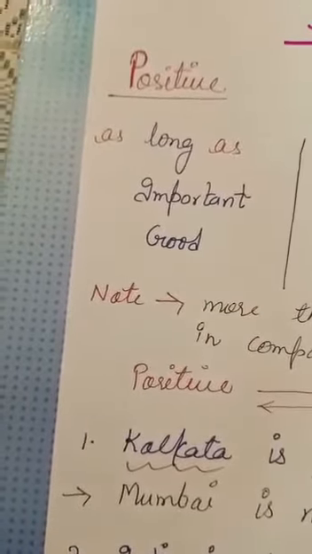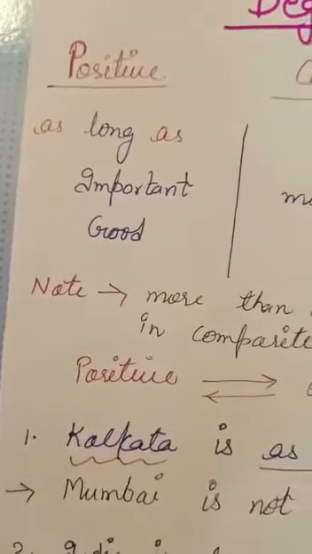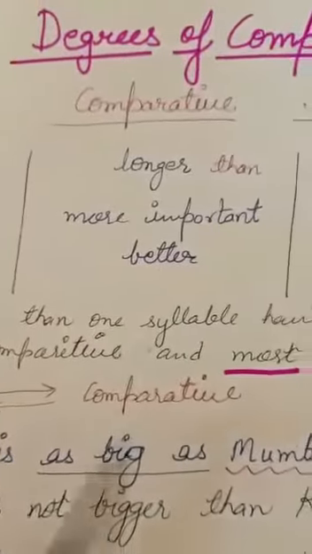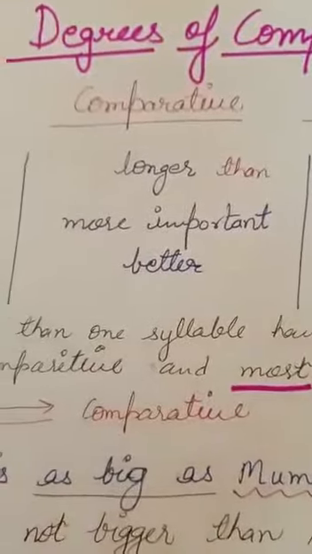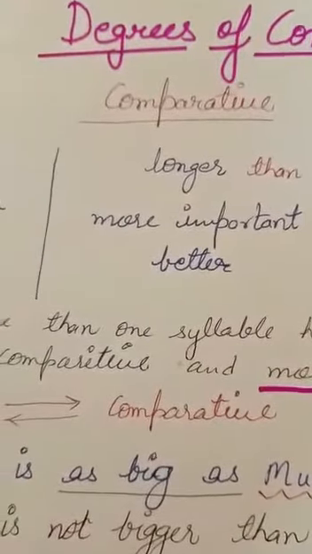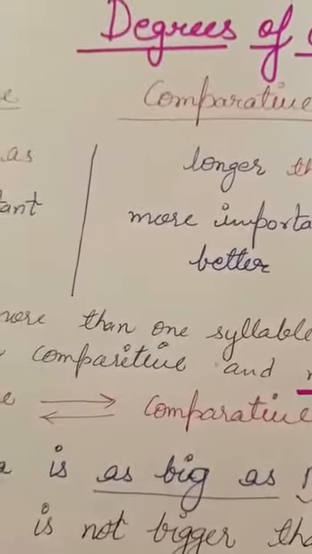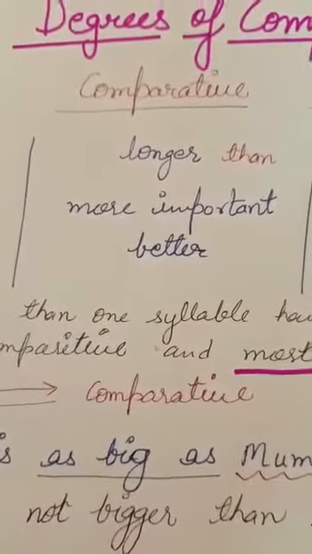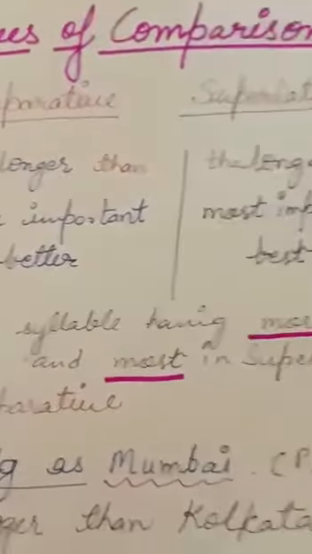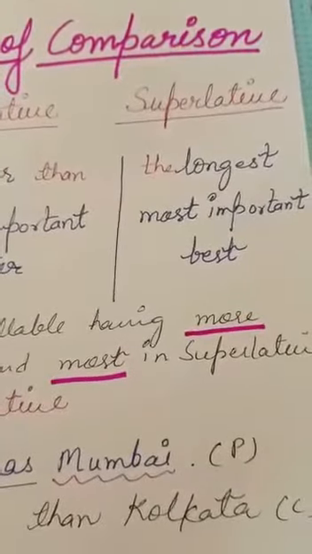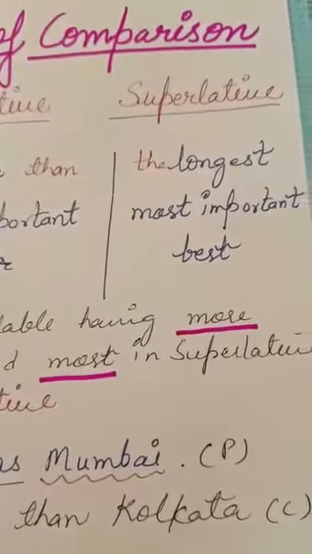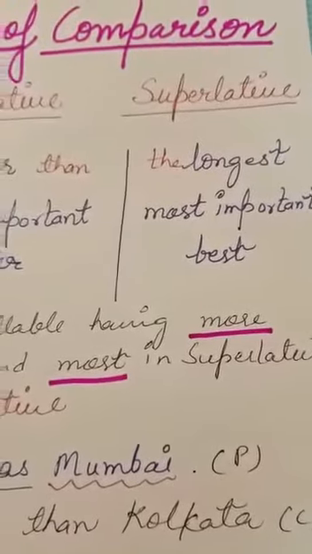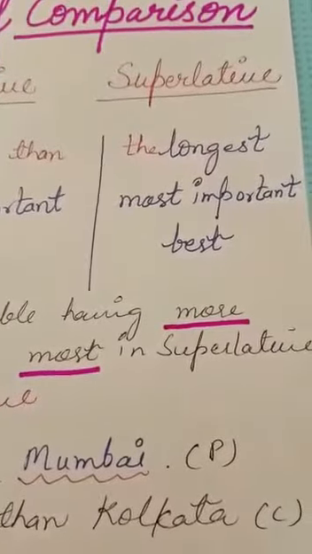It does not make a competitive comparison, children. Now comparative degree is used to compare between two or more subjects. Now, superlative degree is used when more than two things are compared.